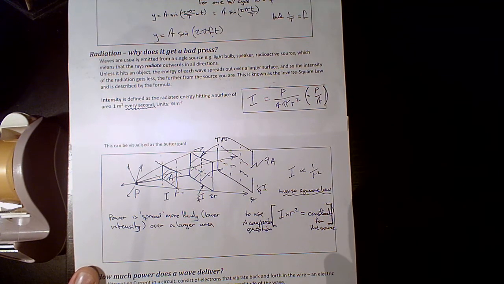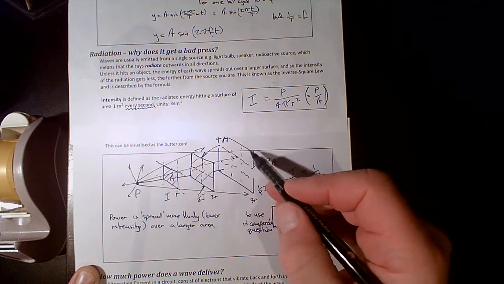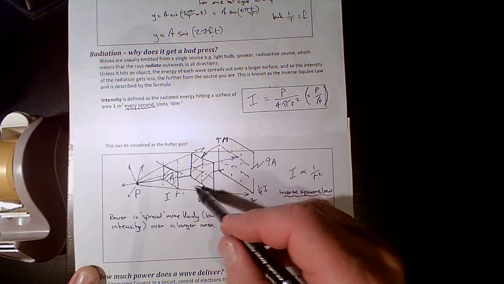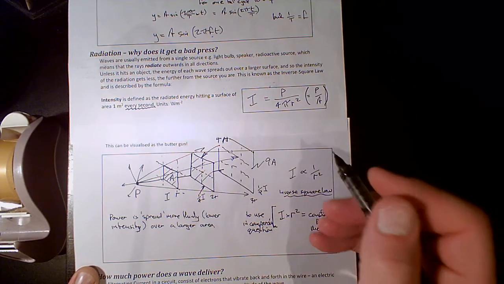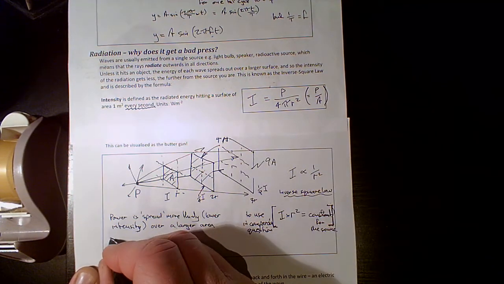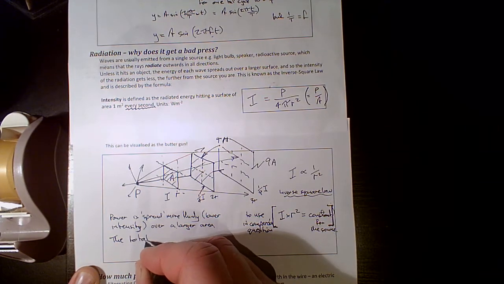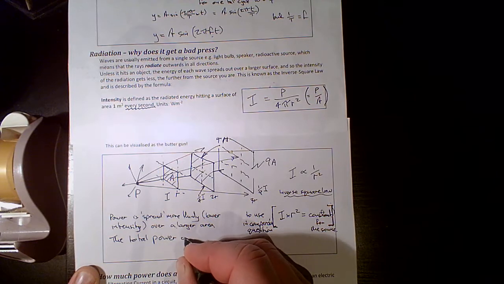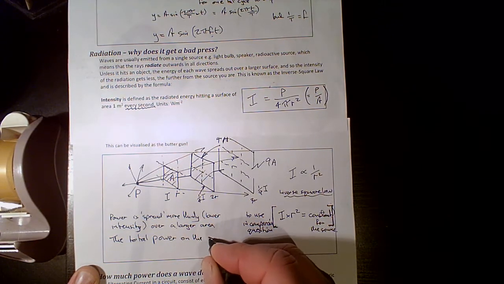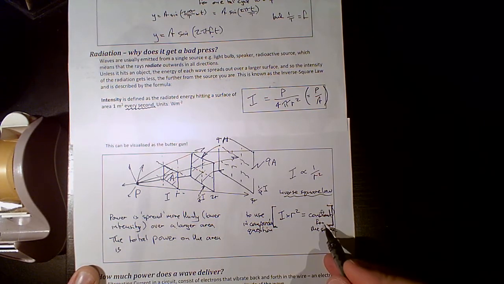Please notice though, if you use the logic, how much butter is on there compared to there, the same. It's just spread out wider. Okay, so the total, crucially, the total power on the area is constant.